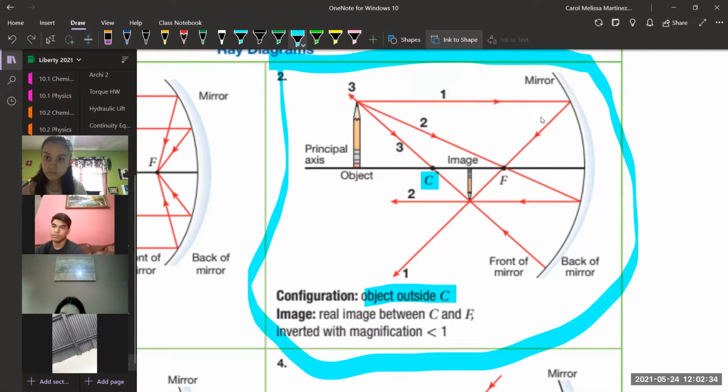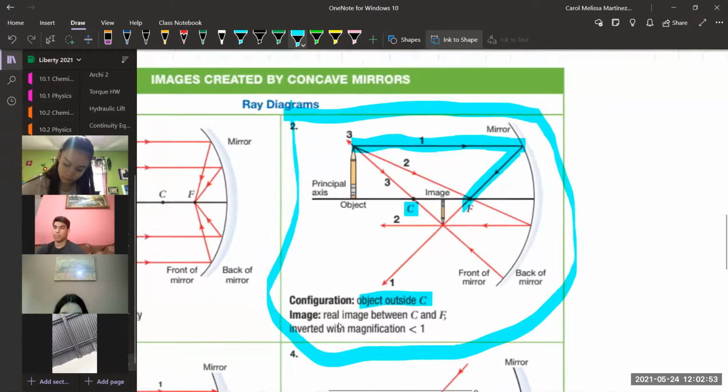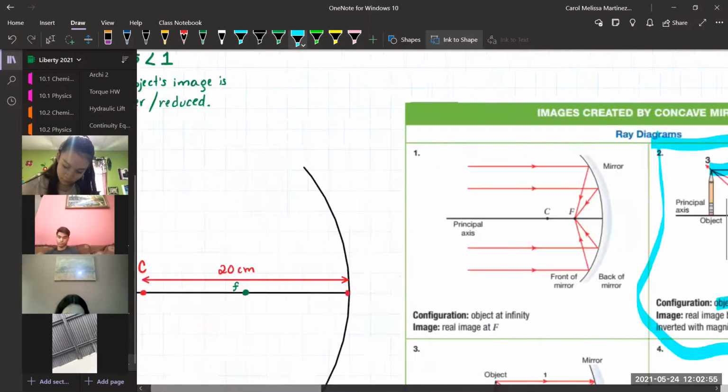It says that it's coming from the tip of my object, from the tip of my pencil, horizontally until it touches the mirror and then bounces back, passing through the point F. That is very important, that you see how the rays are moving, okay?